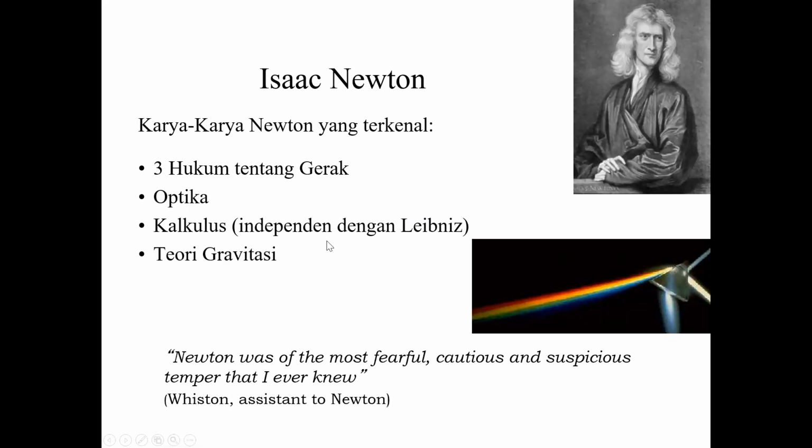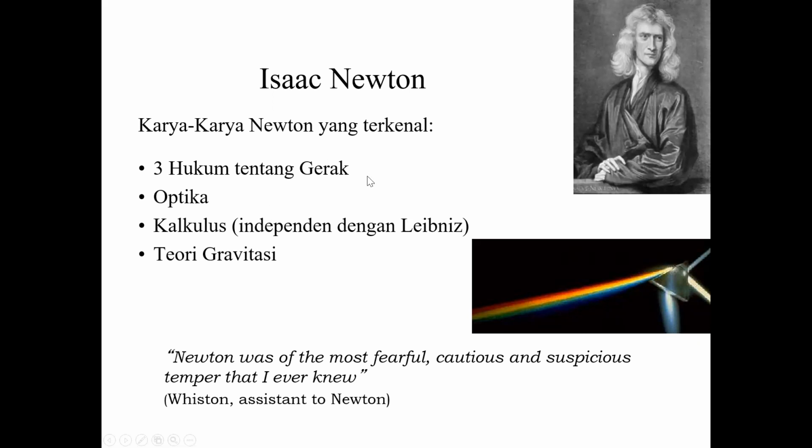And also Newton formulated the theory of gravity, as we know. Gravity is different: this is the law of motion, and this is the theory of gravity. Gravity is an example of interaction caused by mass, and the mass here is the gravitational mass.